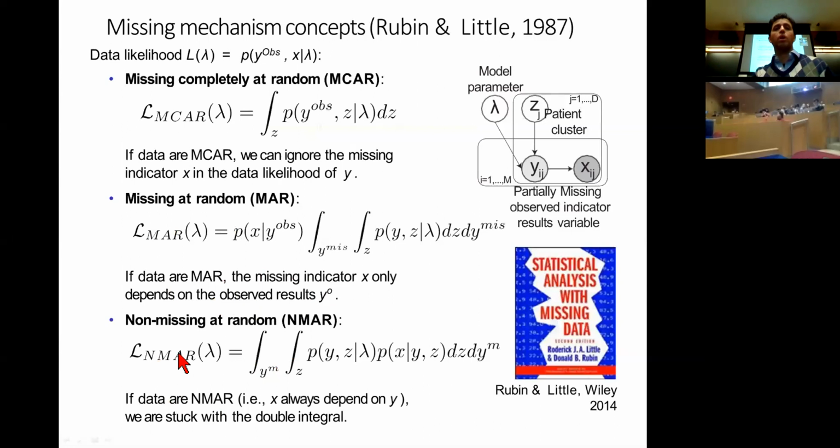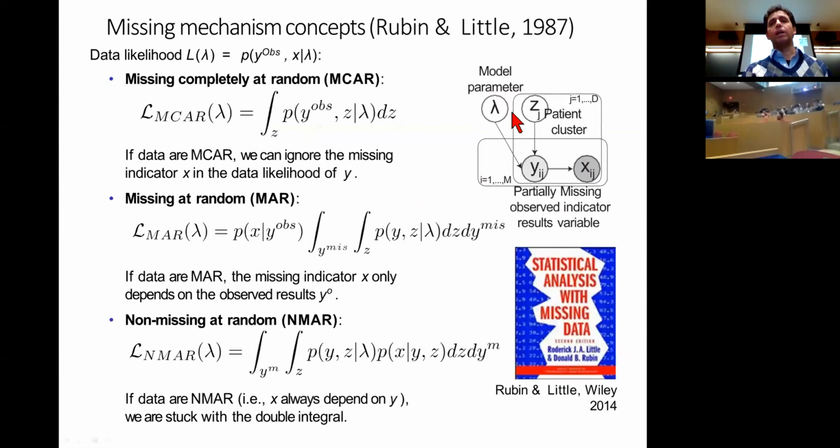And then there's also non-missing at random, where we have to explicitly model both the missing and the non-missing data. That basically means that the value of the missing data is in fact influencing whether the data is missing or not. As we saw before, the tests that are missing are more likely to be normal, and the tests that are observed are more likely to be abnormal. Everybody with me so far?